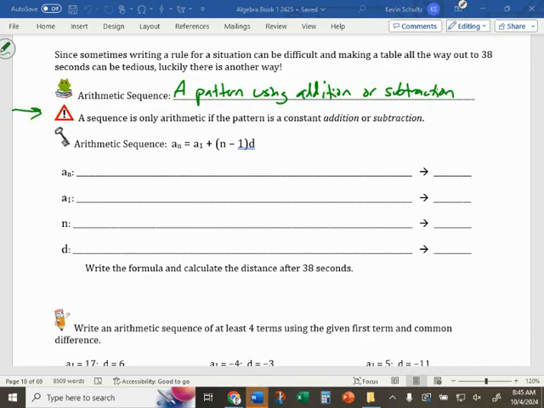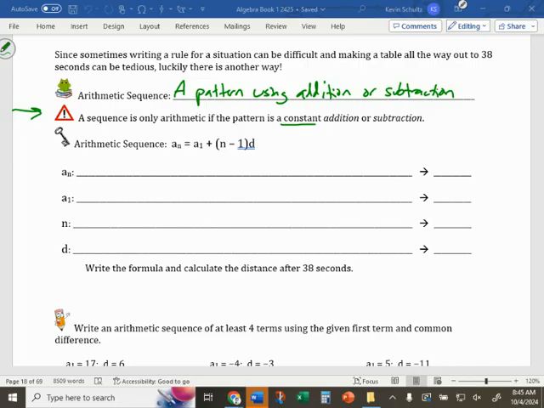It says a sequence is only arithmetic if the pattern is a constant addition or subtraction, right? Constant. The one that we had up on the table, it was constant. It was adding 32 every single time. The difference would be if you had a pattern that added 1, then added 2, then added 3, then added 4, then added 5. That is a pattern, right? It uses addition, but it's not constant. So that's the one little caveat there. That addition or subtraction has to be the same throughout.